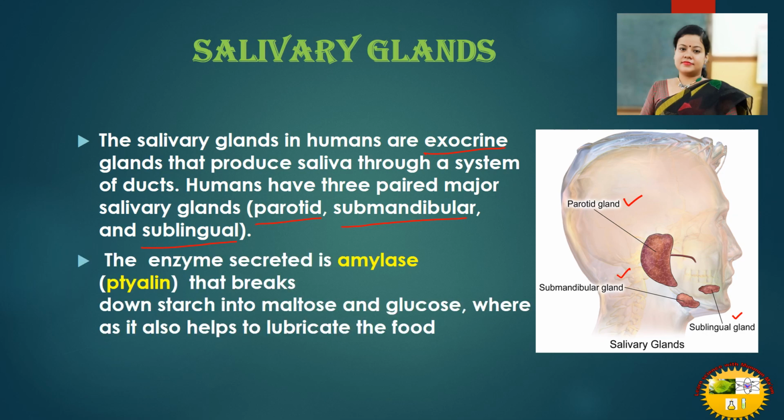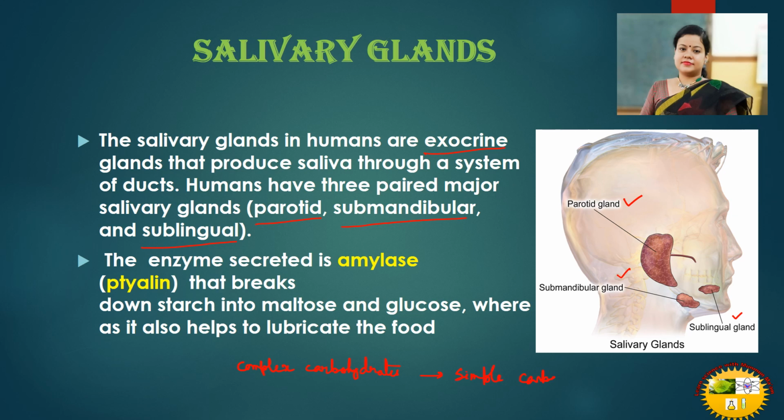Now what's the function? The enzyme secreted by the salivary gland is known as salivary amylase or ptyalin, which breaks down starch into maltose and glucose. So simply, what does ptyalin do? It converts complex carbohydrates into simple carbohydrates, right?